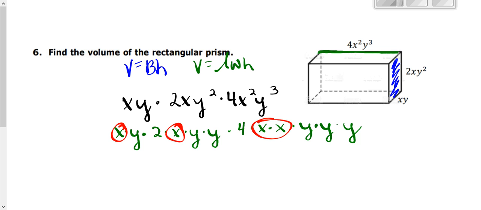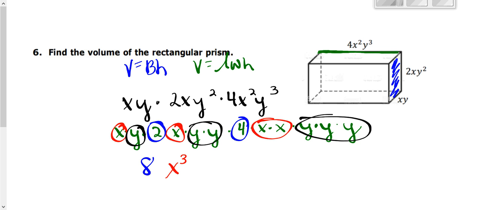Putting my x's together, I have x to the 3rd. Don't want to forget about that 2 times 4, so 2 times 4 was 8. And then I also have my y's, so that makes y to the 6th.